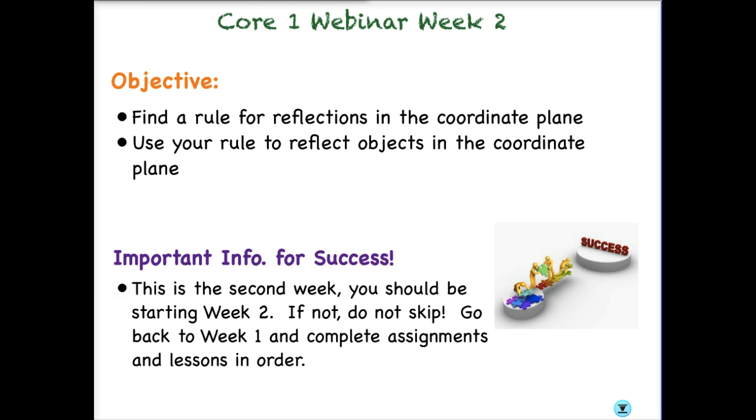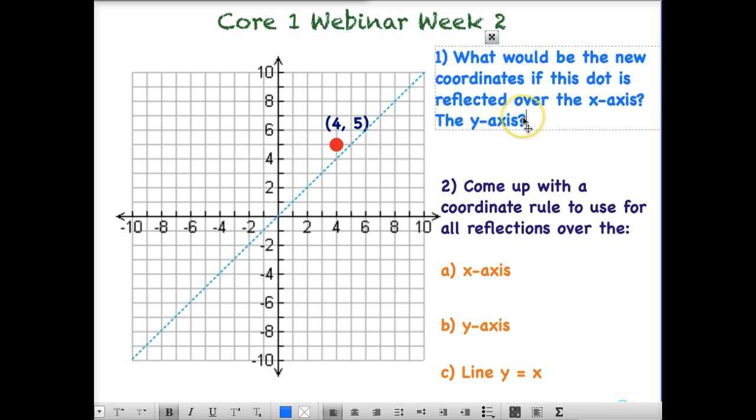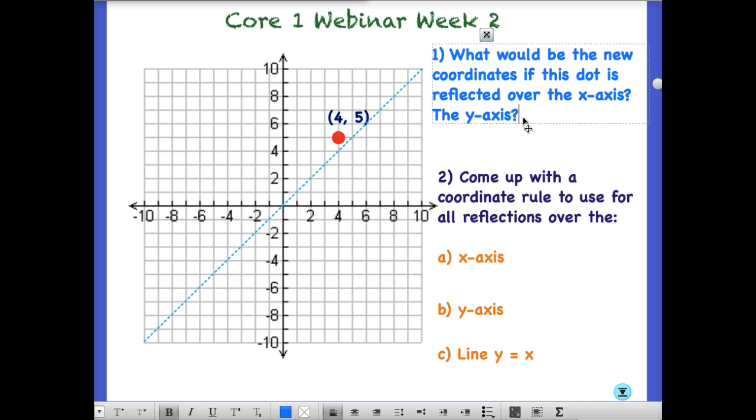All right, let's try this. Okay, you guys, in your notepads, I'm giving you this point, this red dot, and it's at 4, 5. Those are the coordinates of that dot. What I want you to do in your notepads is determine what the new coordinates would be if this dot was reflected over the x-axis, if it was reflected over the y-axis, and I'm going to add one more, the line y equals x.